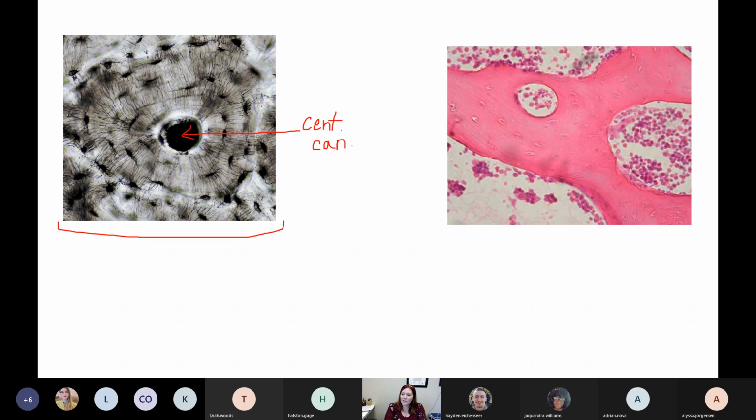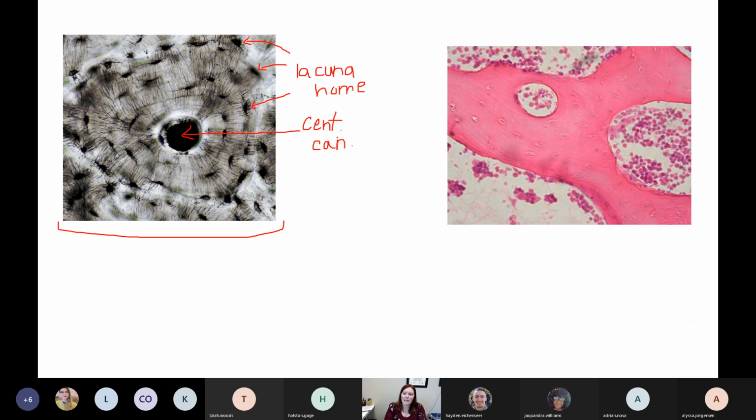Surrounding those big dots are these smaller dots that we see all over the place. There's all kinds of smaller dots. All of these smaller dots are things called lacuna. And when you hear the word lacuna, I want you to be thinking of it as a home, a space for my bone cells to live in.